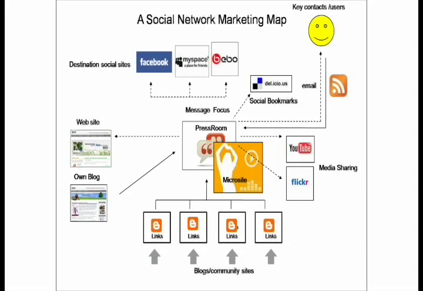Once you've actually got it there, you can port it through to social networks where your social network site is. So if you've got a Facebook site, you can make sure you've got news releases coming through. You've got a website, same, and you can then produce links in the internet to actually drive people back to the press room, and you can then direct from the press room to your own website or your transactional site or whatever you want to do. So it's about producing your own network.